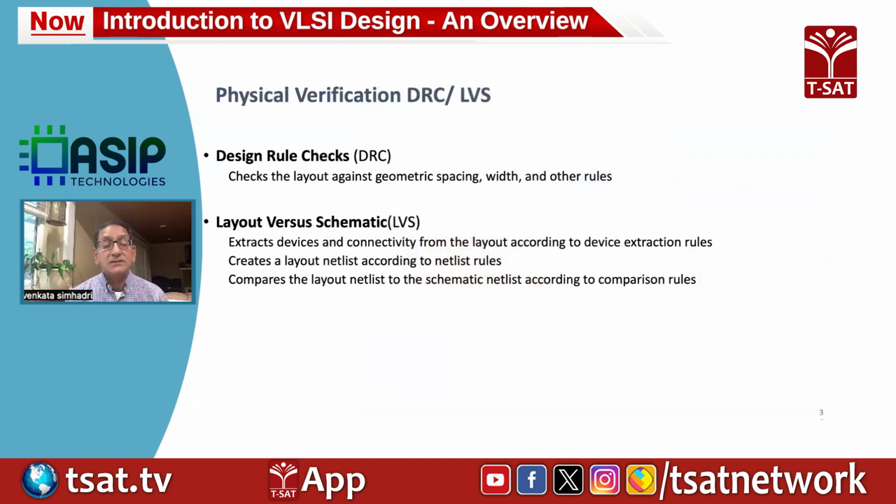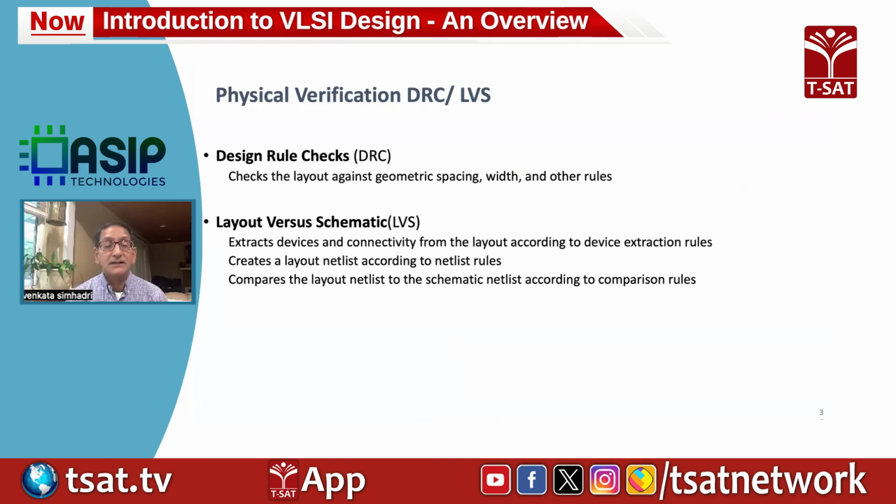And once your design is converted into a physical layout and it meets your timing, the most important thing again is to make sure that it meets your foundry guidelines. So one, it needs to meet the design rules. So every foundry will provide these rules for a particular process.